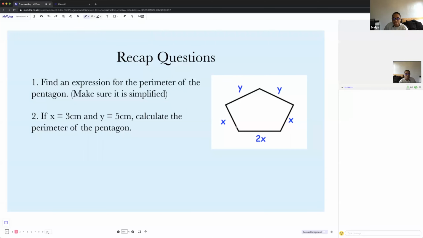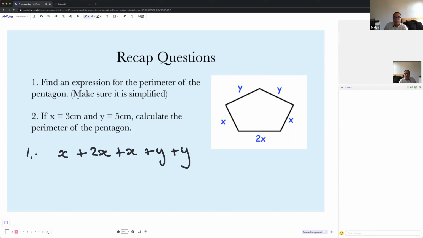So we've got an x here, then we add another 2x, then another x, then a y and a y. If we write it down, it'll be x plus 2x plus x plus y plus y. That's how we figure out perimeter: we add all the lengths around the outside of the shape.